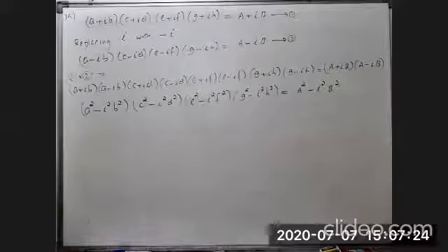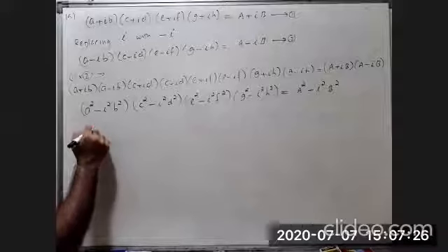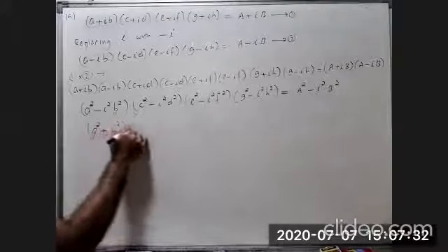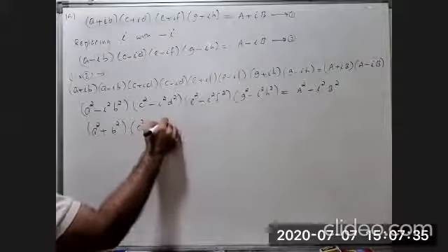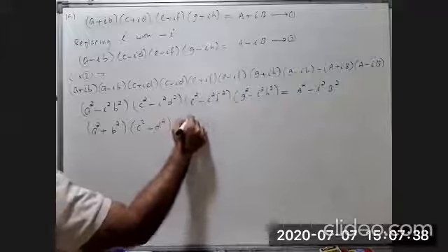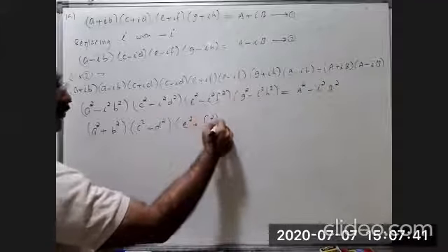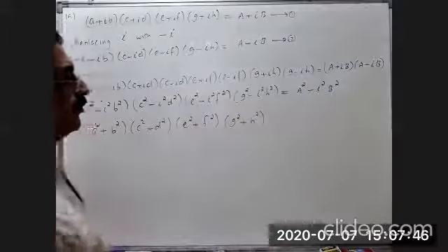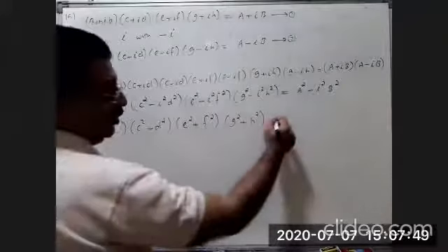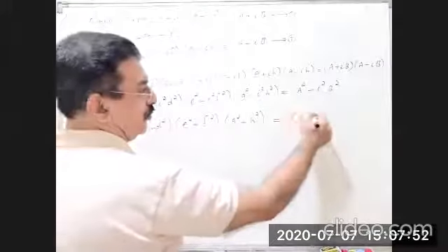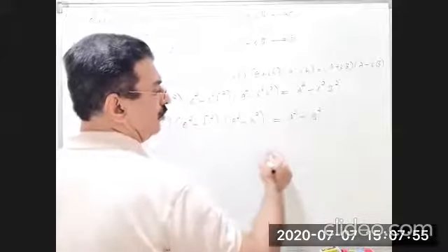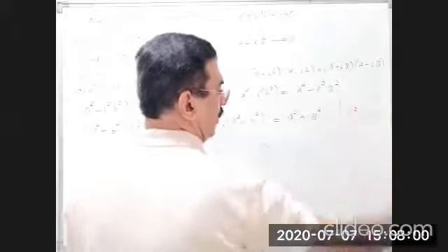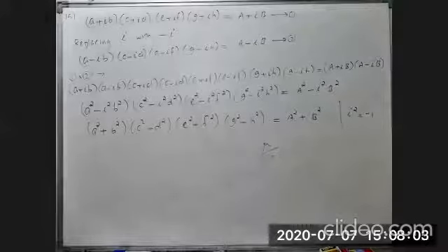Since i square is minus 1, minus i square will be plus 1. So this will be (a square plus b square)(c square plus d square)(e square plus f square)(g square plus h square) is equal to A square plus B square. Reason is we know i square is minus 1.